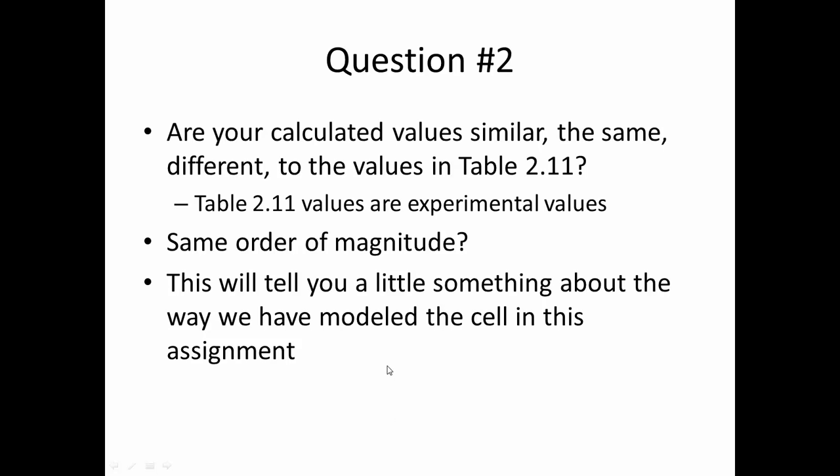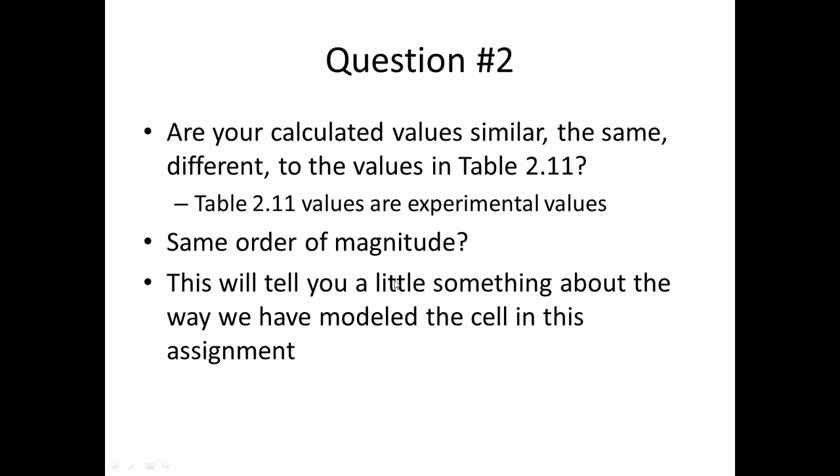Okay, and once you've finally done all that, and it seems pretty complicated to get 5 answers, but for me it's worth it to understand where all this comes from, then you answer question 2. Are your calculated values similar, the same, or different to the values in Table 211? These Table 211 values are experimental values. Are your calculations in the same order of magnitude? Are they different? How different are they?